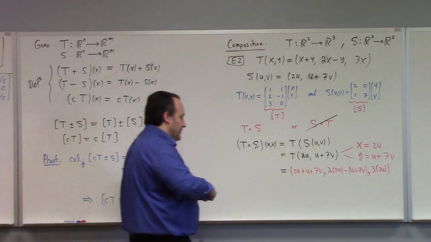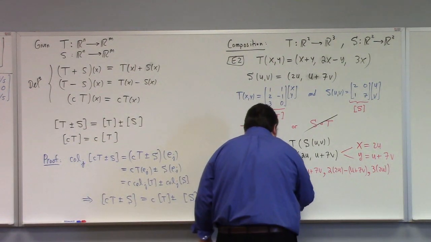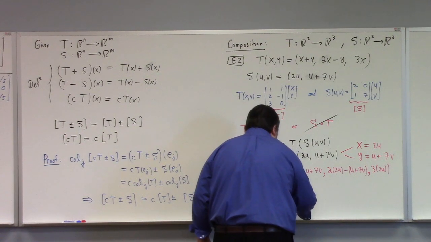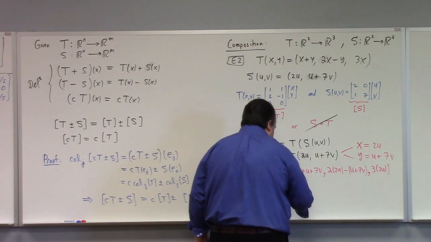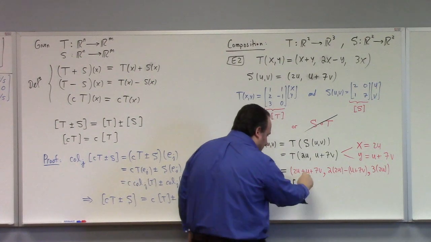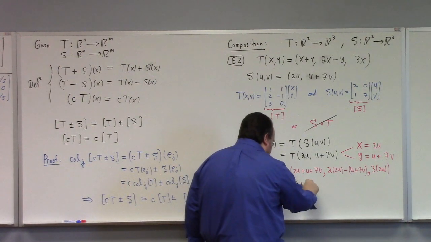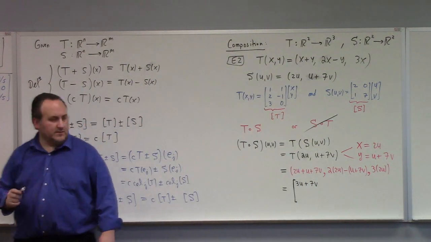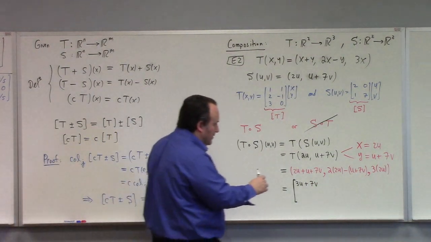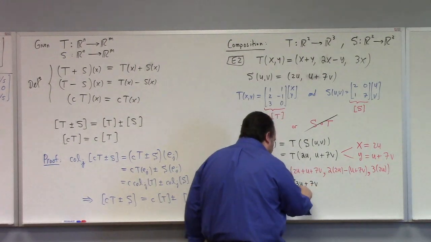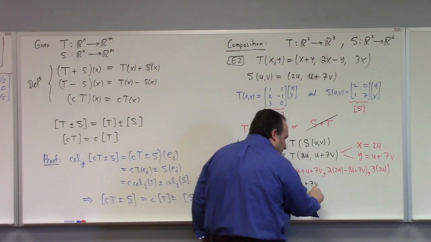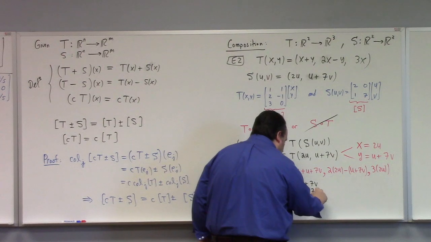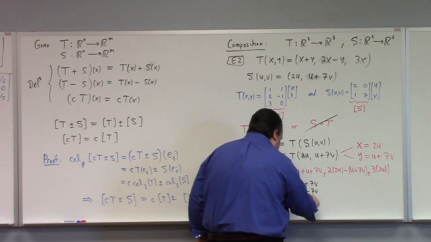Let's simplify these formulas for our future reference, right? So what do we got here? I'm going to write it as a column vector for a change. So I've got 3u plus 7v. I have 4 minus 1, that's 3u, minus 7v, and over there 6u, right?